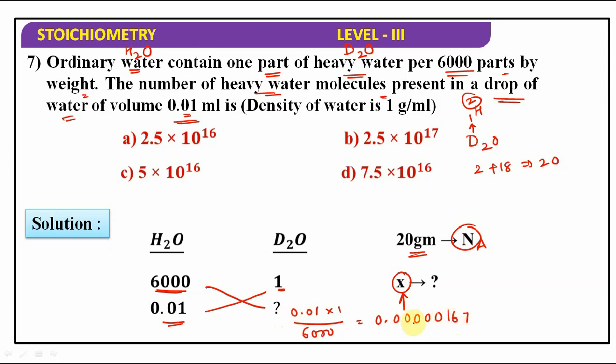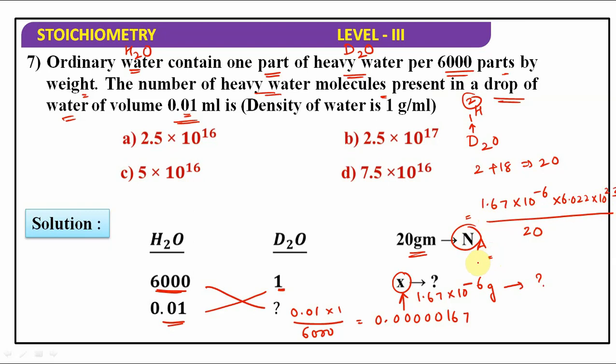Adjust the decimal: 1, 2, 3, 4, 5, 6. So that is 1.67 into 10 to the power of minus 6 grams, consisting of how many molecules? Then 1.67 into 10 to the power of minus 6 into 6.022 into 10 to the power of 23, divided by what we have? 20.